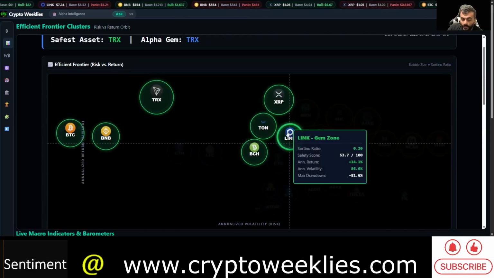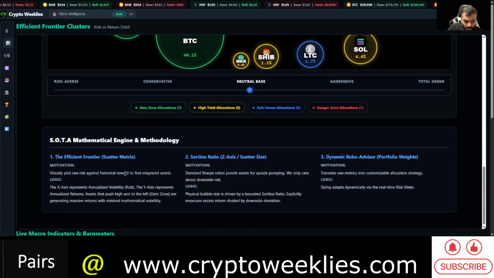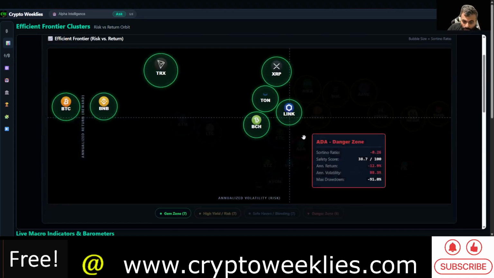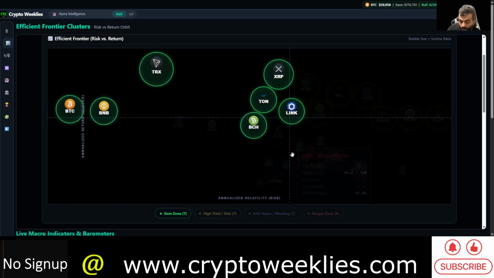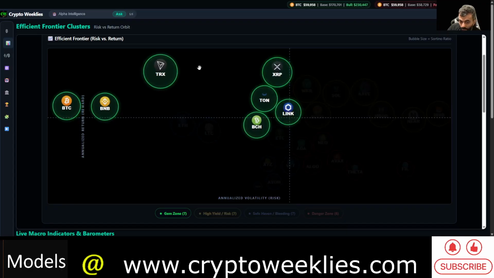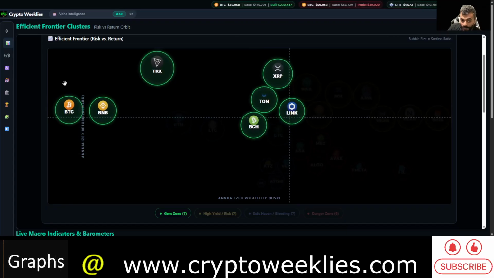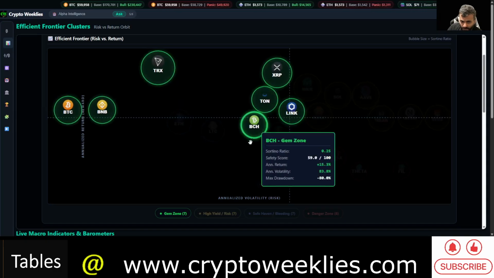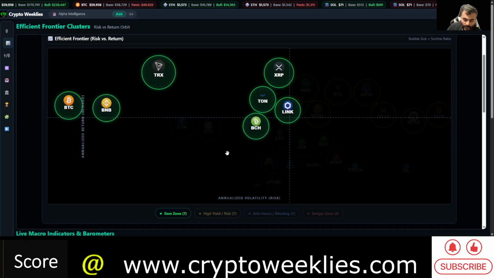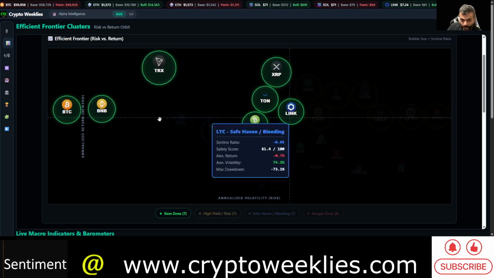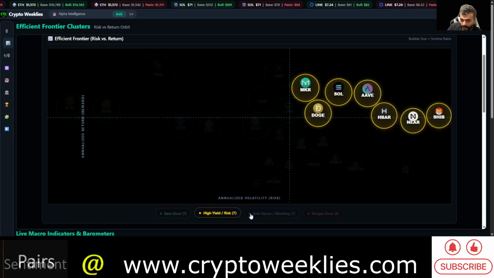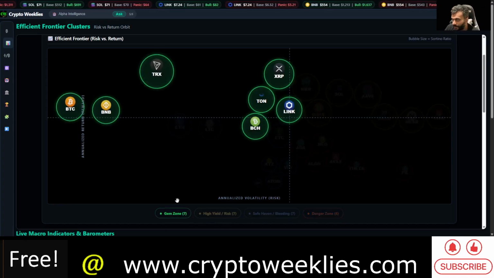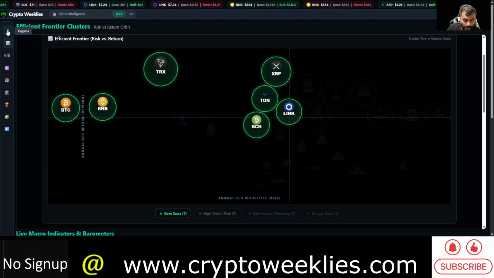This is calculated using the volatility or risk on the x-axis, and the return or annual return on the y-axis. The positive returning cryptos over here help identify which are in this gem zone and help create that separation between the gem asset class versus high yielders, whereas the safe haven and the ones which are in the danger zone. So this confluence and these analytical points are all available on this website.